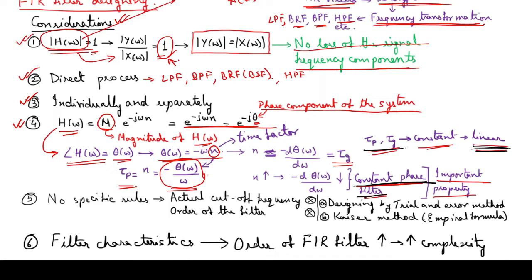Why? Because tau p and tau g should be a constant. So if you see tau p, we just calculated tau p. It was constant for frequency 1 and frequency 2.